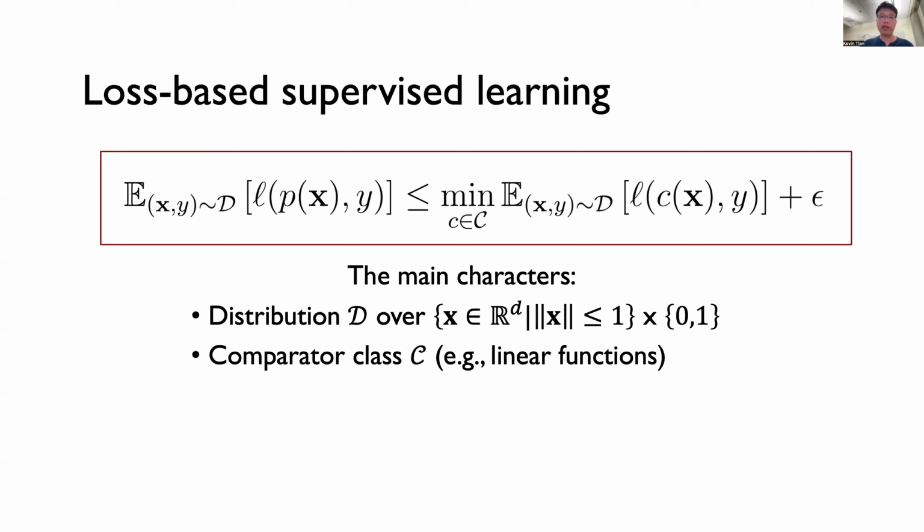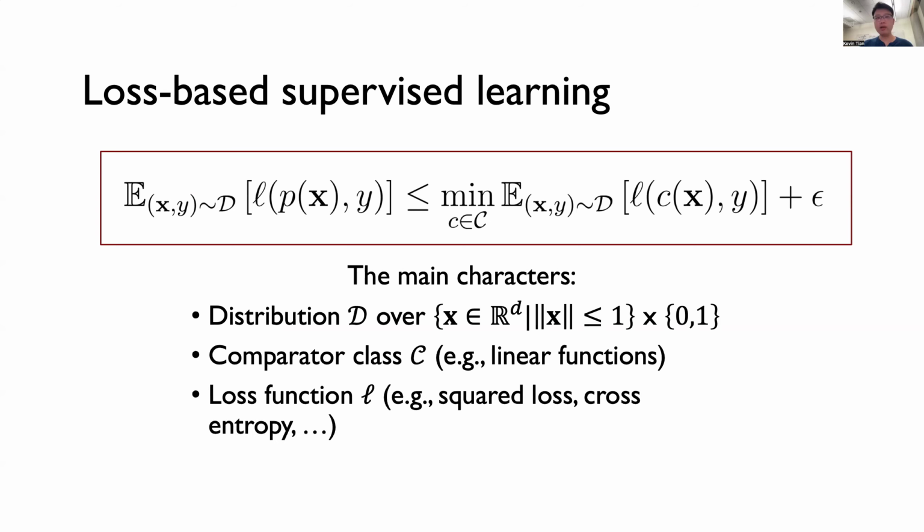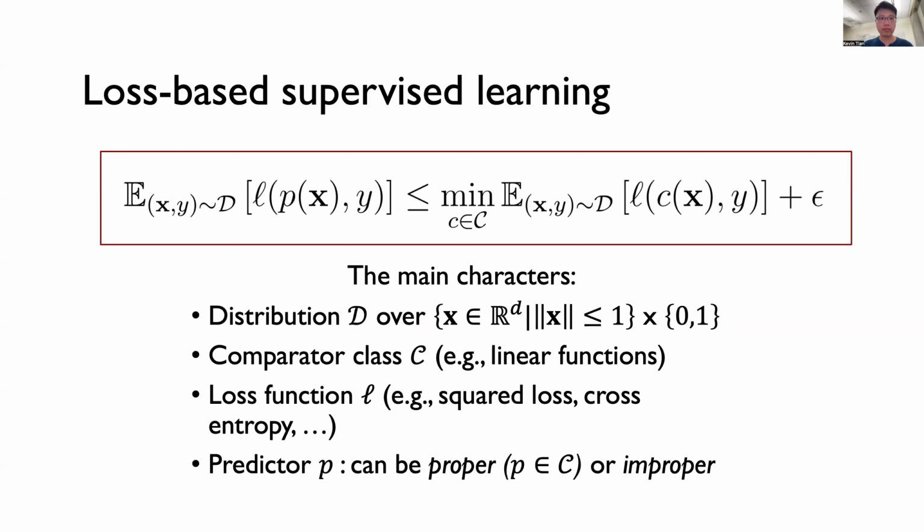Furthermore, we are competing with a class script C consisting of comparator predictors that we would like to compete against. In particular, you can think of C as linear functions, for example. And finally, there is a loss function associated with how well we measure our predictions. In particular, this loss function could be squared loss or cross entropy or any number of a variety of other losses.